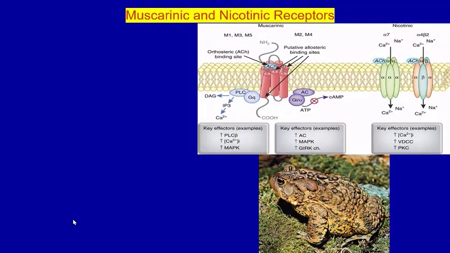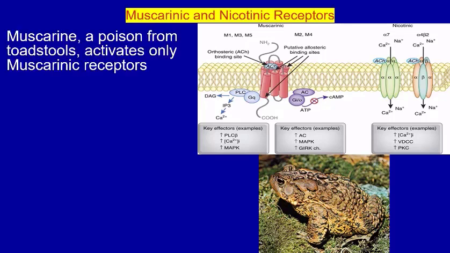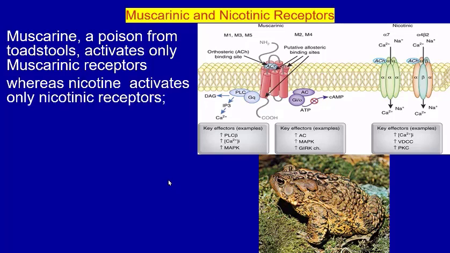Muscarinic and nicotinic receptor. Now here we discussed that muscarinic receptor is present in the heart, so you must know about the muscarinic and nicotinic receptor. Muscarine is actually a poison from toadstool and activates only muscarinic receptor, whereas nicotinic activity is initiated by nicotinic receptor.